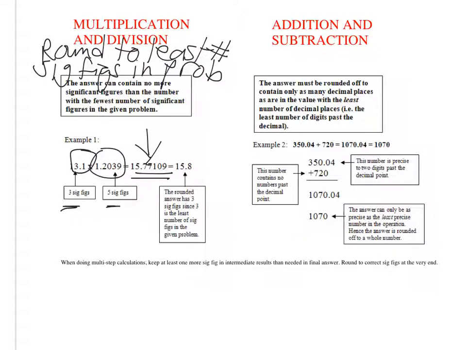You need to round it to 3 significant figures, because that is the least number of sig figs in your given problem. So those are the rules that we're sticking with. So when you take your 15.77109 and round it to 3 sig figs, your answer is 15.8. So hopefully that made sense to you.